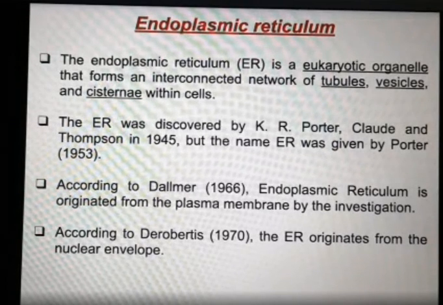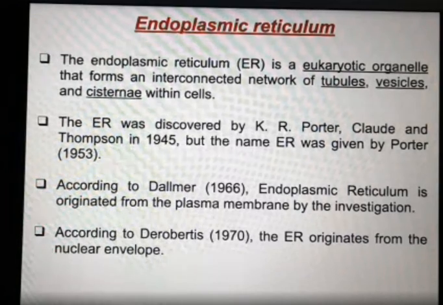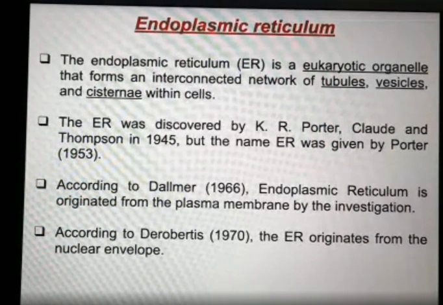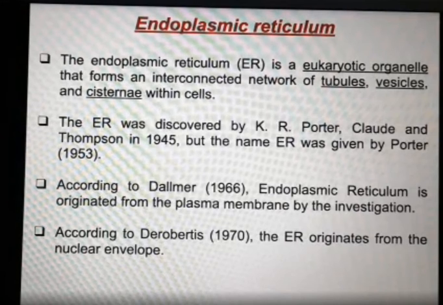As we have seen in the case of cell theory, a number of workers carried out different experiments, and according to their thought and imagination, they gave names in different ways.